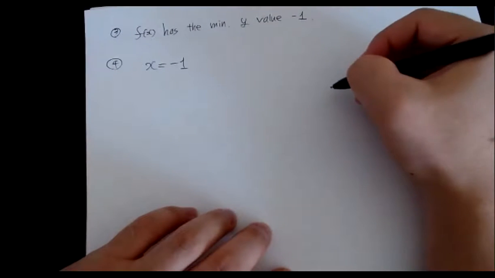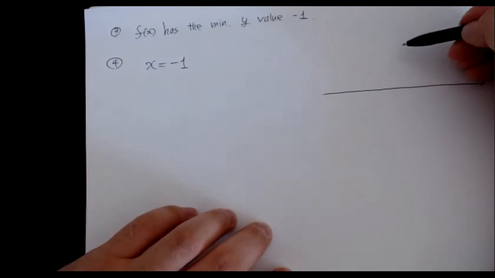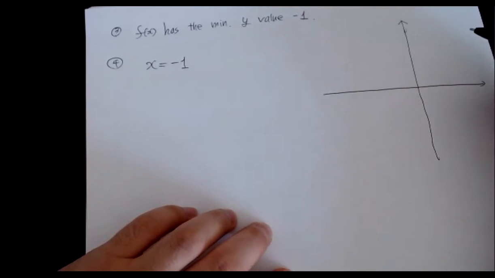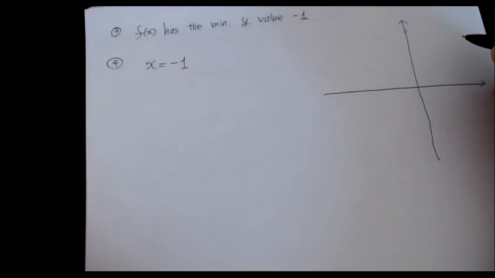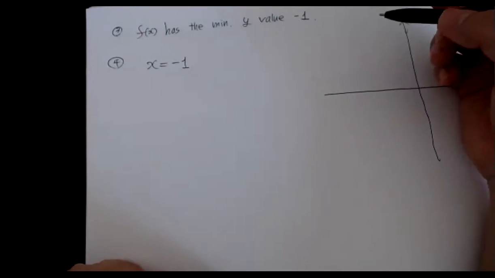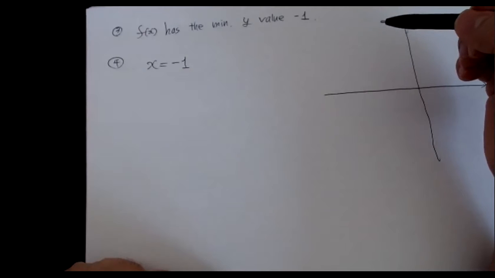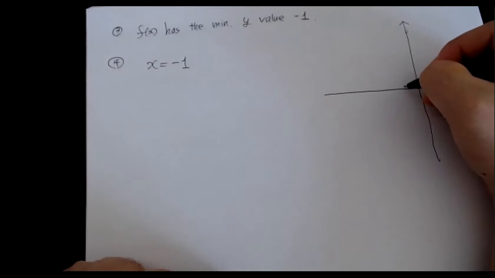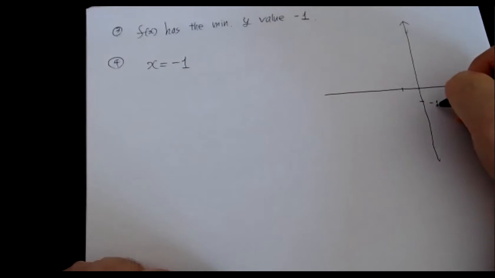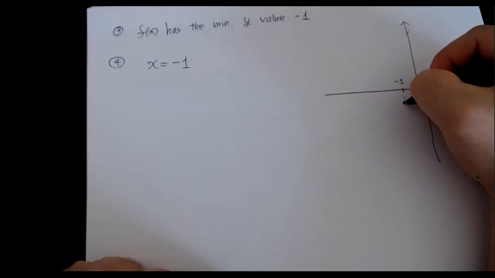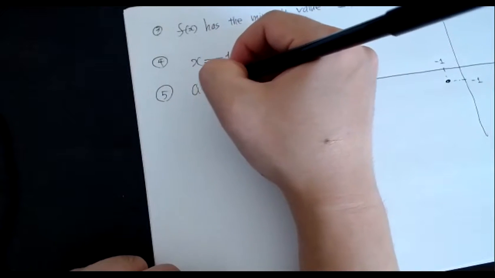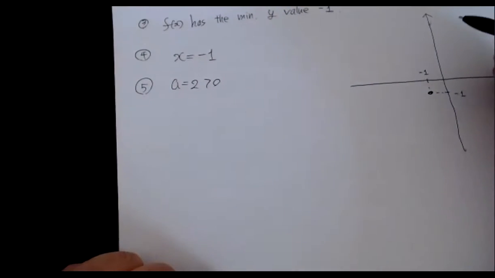Okay, so I'm gonna figure out the other information, but let's figure out the rough graph of f(x) using the information we got so far. The vertex point is (-1, -1). Since a is 2, which is greater than 0, the graph must be a parabola that opens up, right?